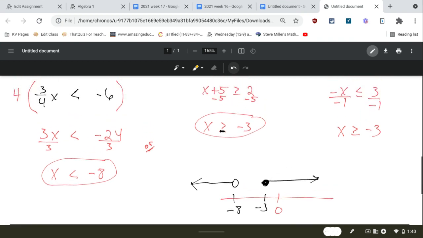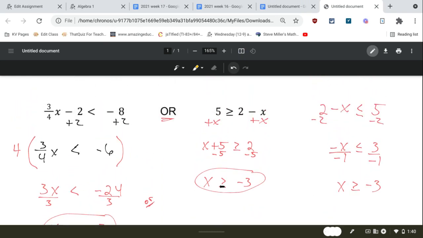Okay. So if I pick any number that is shaded, so like 5, if I use the number 5, it's going to satisfy the original statement up here. It's going to make this one true, but it's going to make this one over here false, which is okay because it was an OR statement. I only had to satisfy either one of these in order for the entire thing to be counted as true.